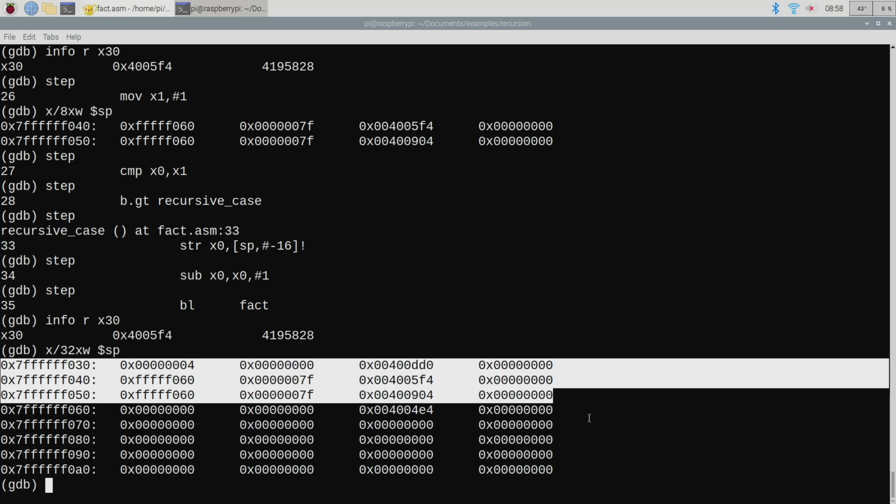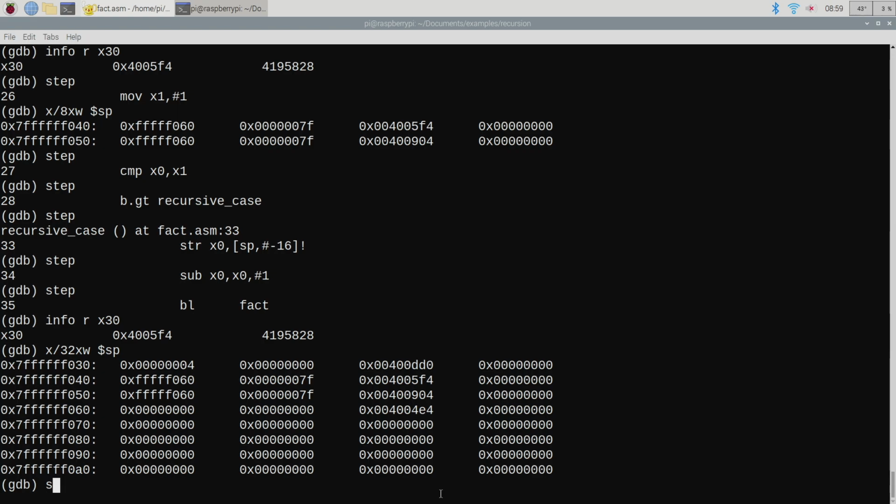That was in main. The next one is the time I stored the pair x29 and x30 at the top of my fact routine. And then I just pushed the number 4 onto the stack. And there it is, 4. Okay, good? All right, so I'm paying attention to this number, and this number.